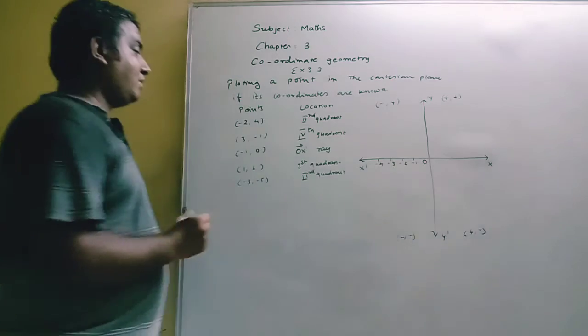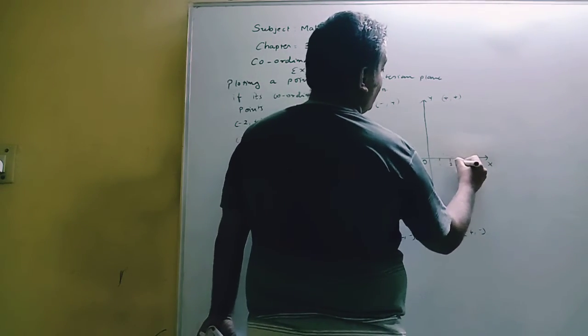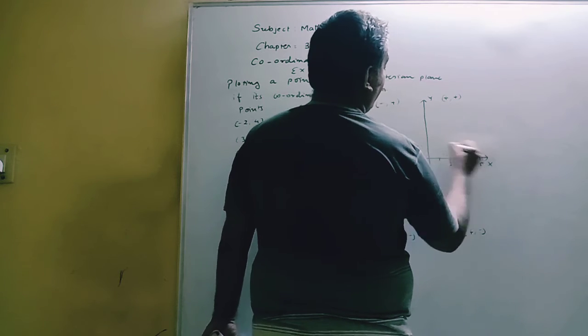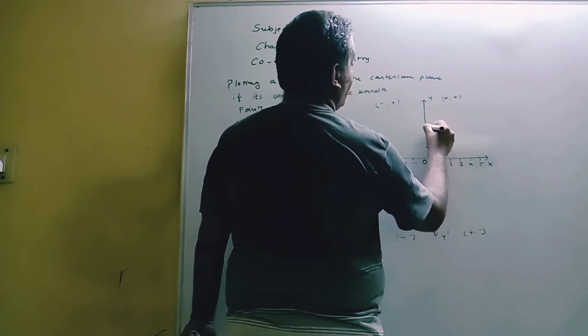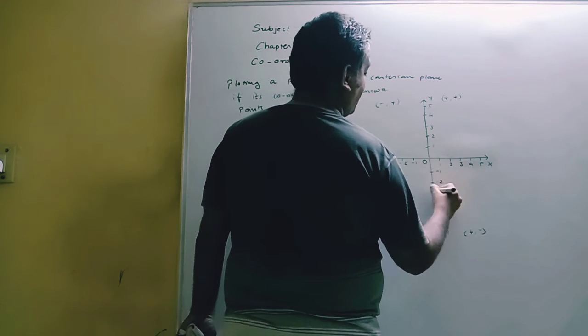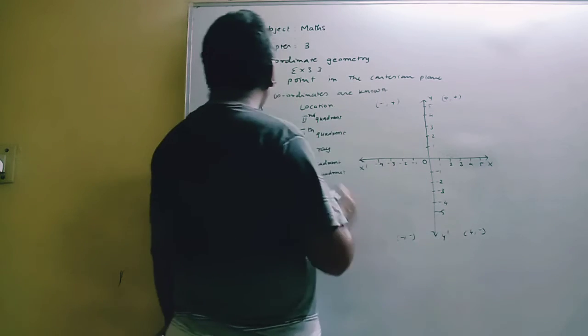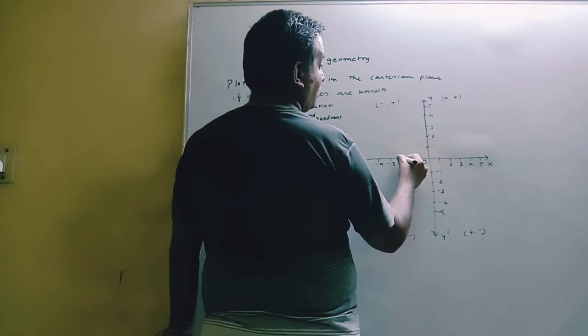So we locate them. Here we write 1, 2, 3, 4, 5. 1, 2, 3, 4, 5. -1, -2, -3, -4, -5. So we can see that -2, then 4.